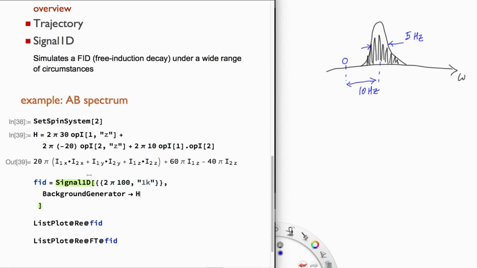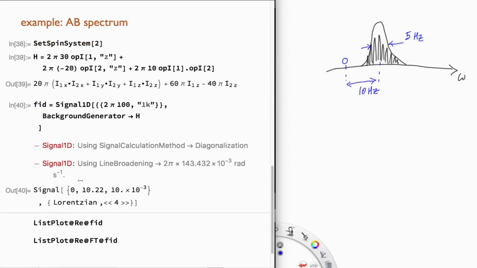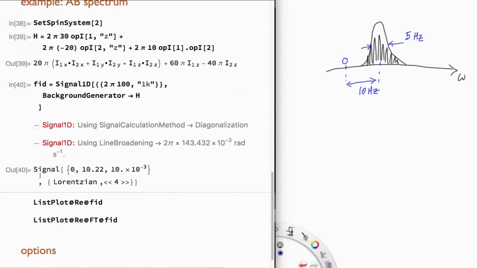So this execution then simply simulates that spectrum for that particular Hamiltonian, which of course could be anything. And the result is not a set of numbers, but a signal object. In fact, the output here shows some things about it.